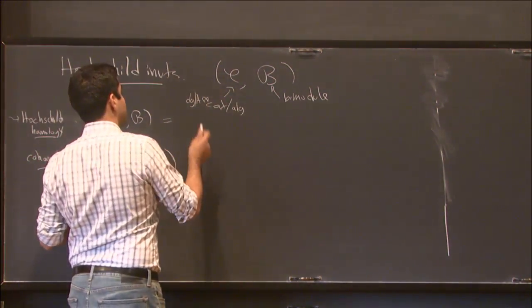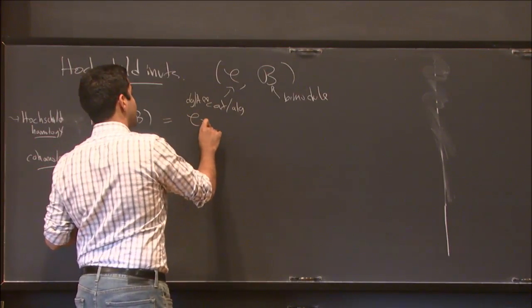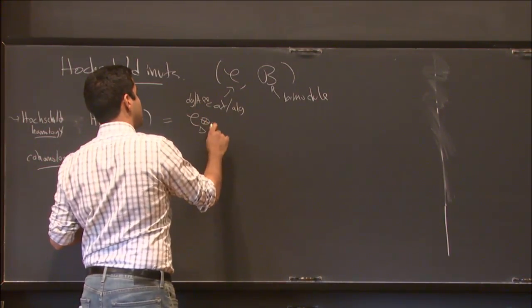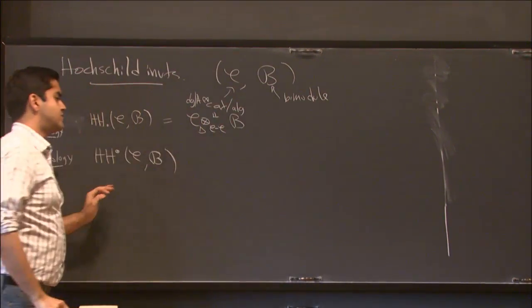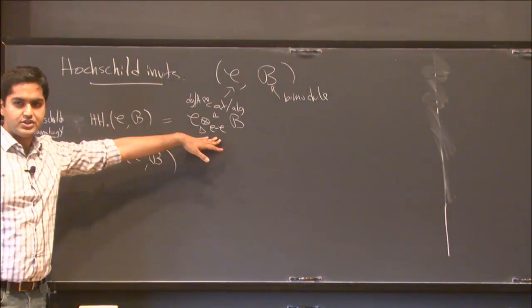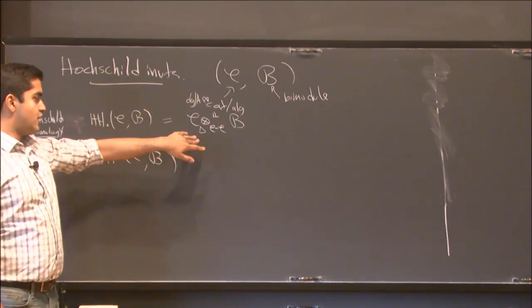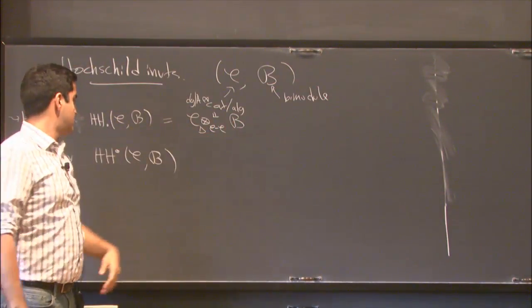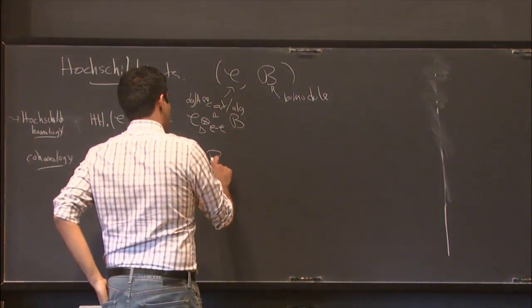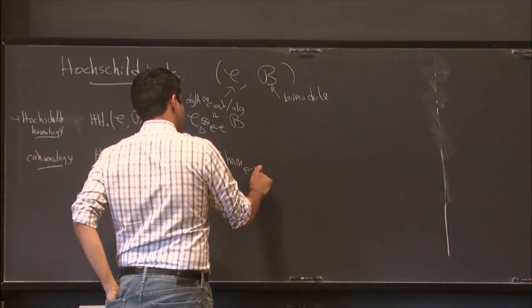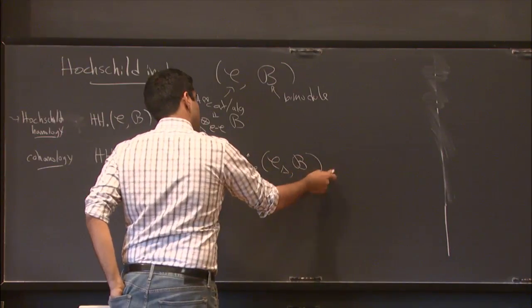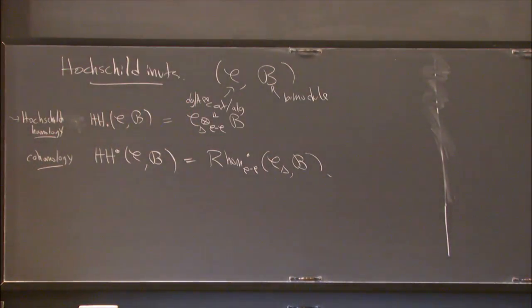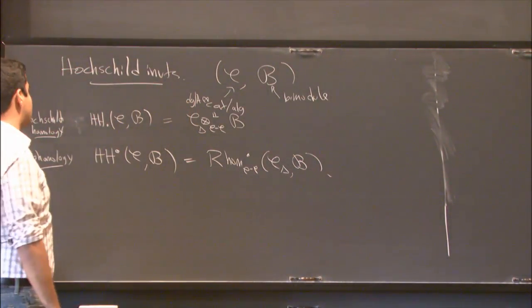And on the chain level, the Hochschild homology is some sort of derived tensor product in the category of bimodules. So what I mean is this is the cohomology of this thing. With the diagonal bimodule in C, Hochschild cohomology is some sort of R-hom from the diagonal to B, and there's some algebraic invariance of this pair.